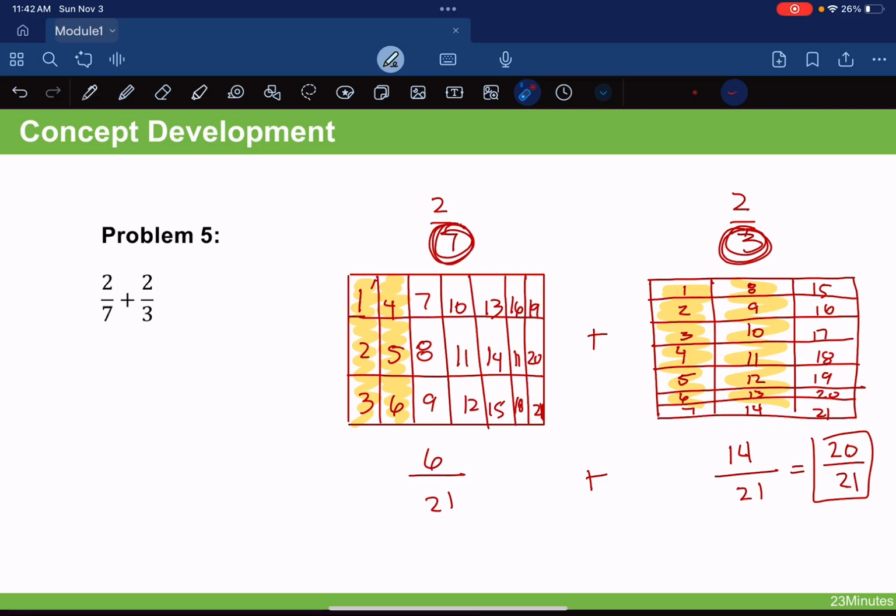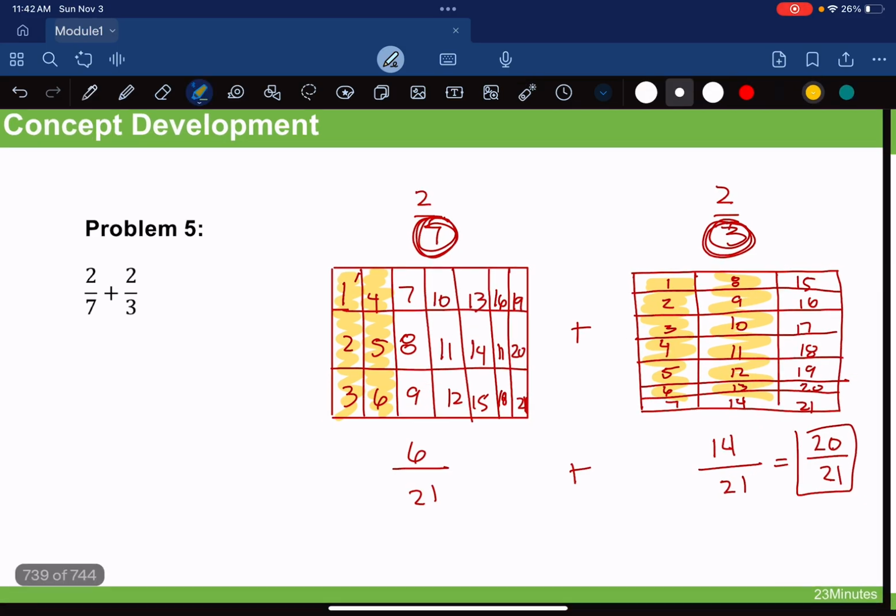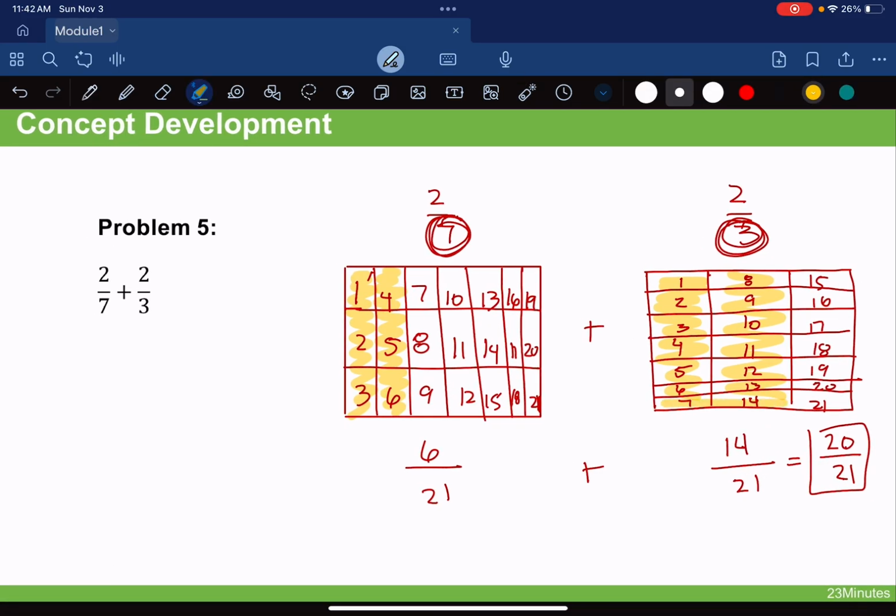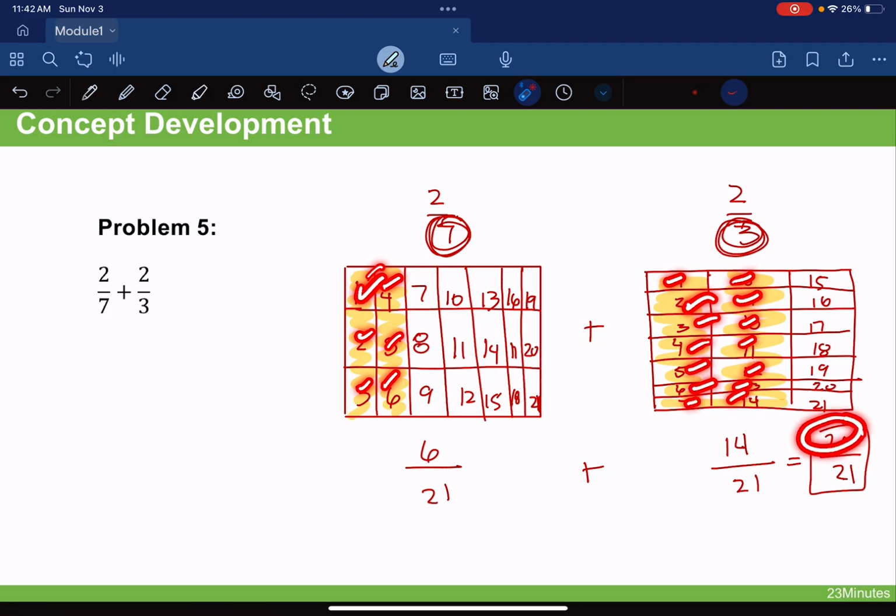Oh, where did I make a mistake? First off, that needs to be shaded in all the way. Okay, no, that's right, 20. I'm thinking of the denominator. So if I count all of them, I have a total of 20 that are shaded in completely, which will match my numerator.